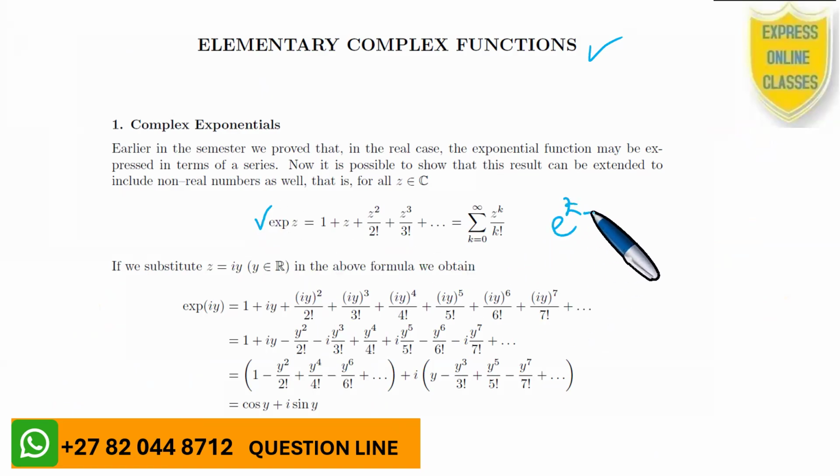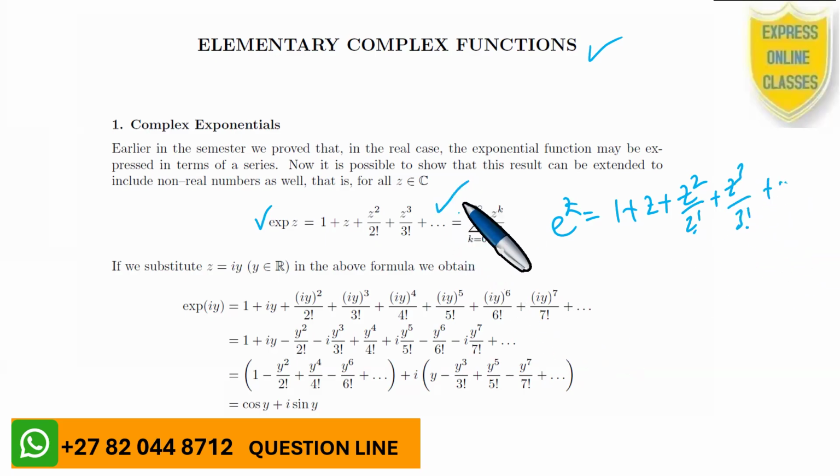Exponential z is the same as 1 plus z plus z squared over 2 factorial, z cubed over 3 factorial, and so on. So this is the exponential z, but it is always the same as the sum of z to the power k over k factorial, k from 0 to infinity. Okay.